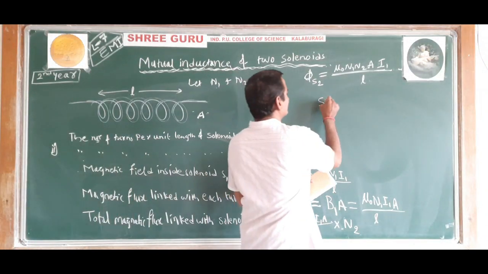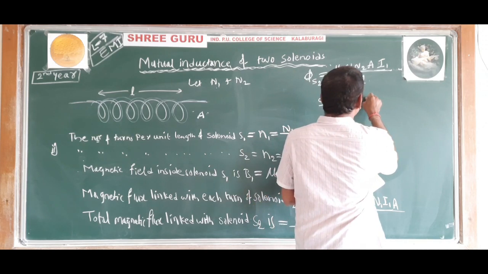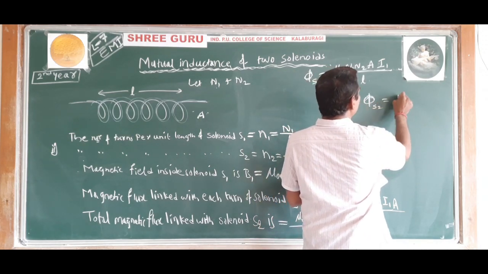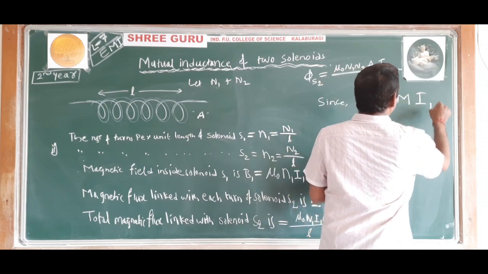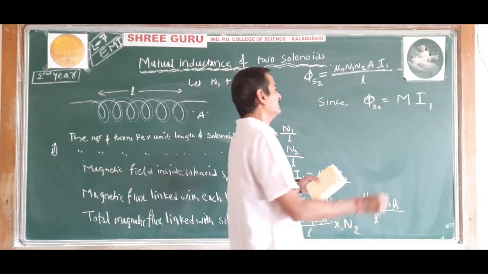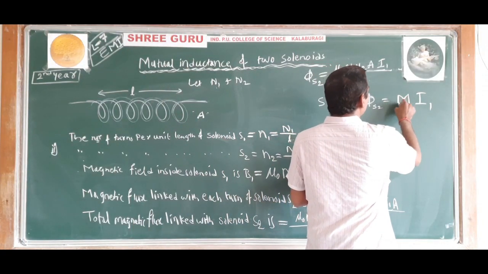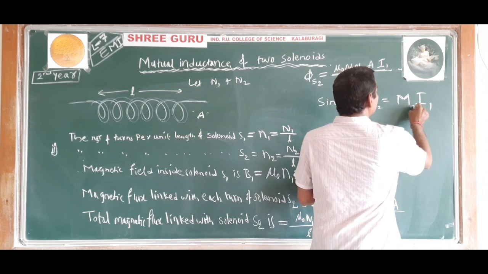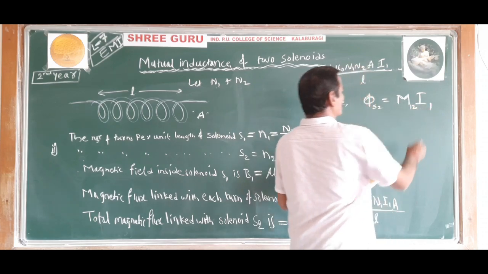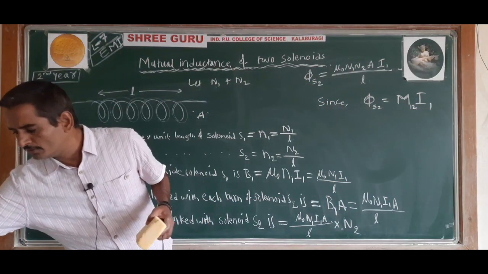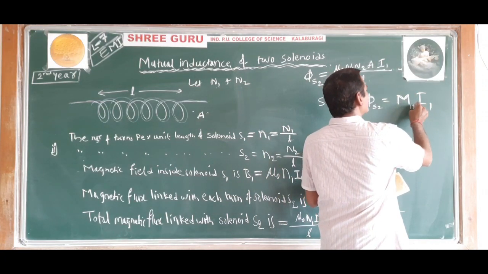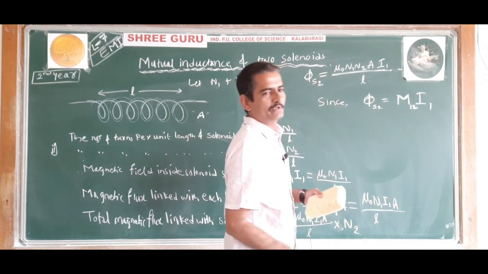And since we know that, we can write phi S2 is equal to M into I1. We know the formula. It is phi S2 is equal to the mutual inductance of the second solenoid with respect to the first, M12, into I1. I will write it like this, M12. How to read this M12? Mutual inductance of the second solenoid with respect to the first solenoid, M12 into I1.